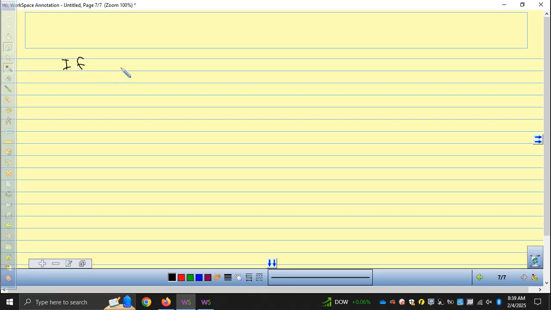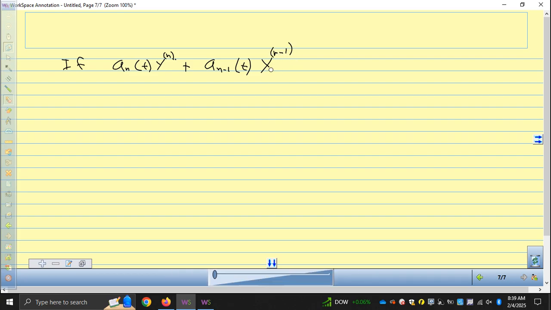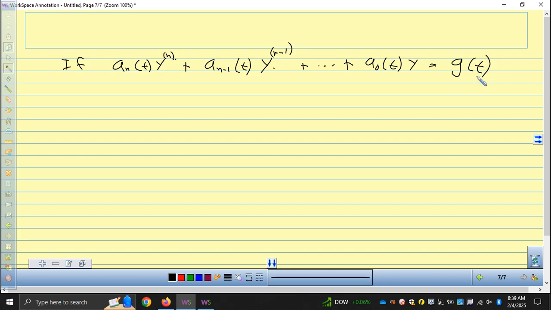If our differential equation is a sub n of t times the nth derivative plus a sub n minus 1 of t, and we're using time as our variable here, and this equals some g of t, this is modeling some situation.